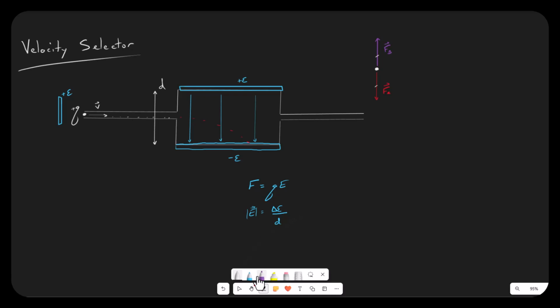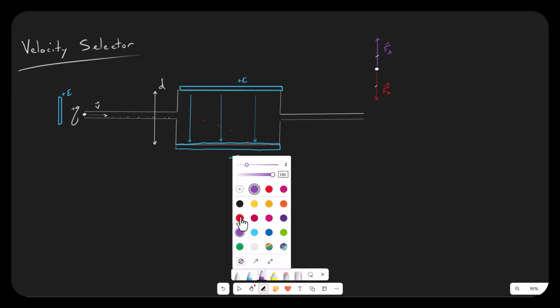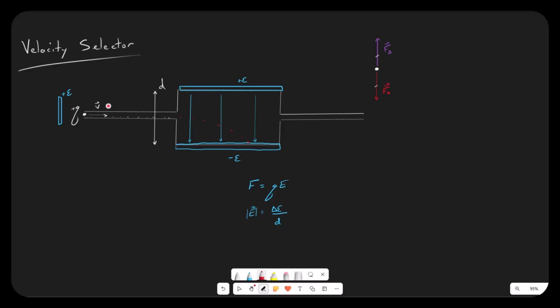So let's see what that looks like. To get an upward magnetic force with a charged particle moving to the right, I'm going to need a magnetic field that points into the screen within this region.